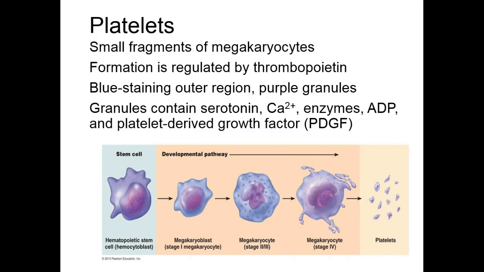And it's really interesting. Not something that I will ask you on a test, but what the megakaryocyte does is kind of sections off little pieces of its cytoplasm, packages it in proteins, and just releases it out, keeps growing its cytoplasm and releasing these little portions, which are platelets circulating in our blood.